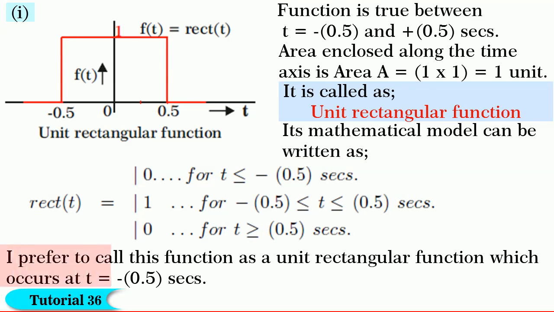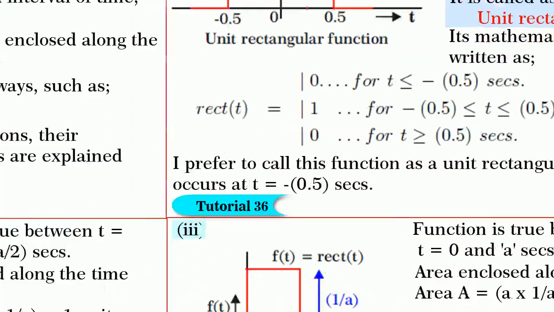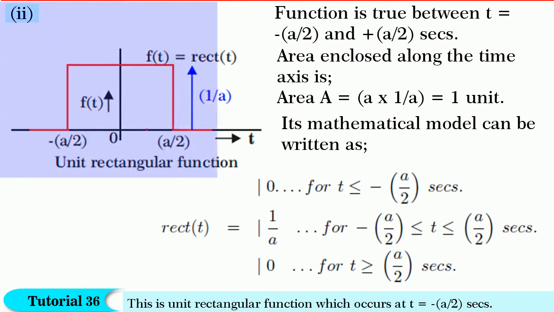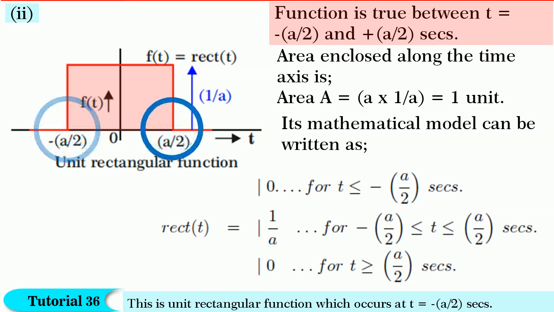Friends, I prefer to call this function a unit rectangular function which occurs at t is equal to minus 0.5 seconds. Consider another unit rectangular function shown in the figure. The function is true between time t is equal to minus a by 2 and plus a by 2 seconds as shown.